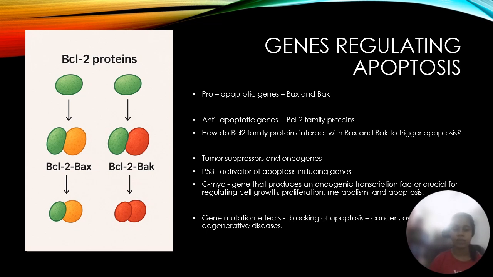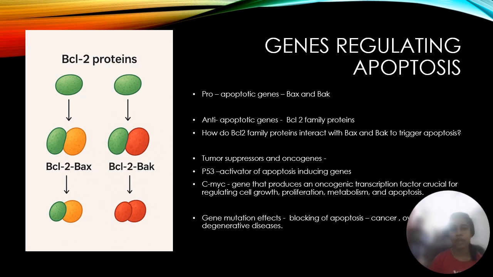Now, how do BCL2 family proteins interact with BAX and BAK, which we have seen trigger apoptosis? BCL2 family proteins control it by interacting with pro-apoptotic genes. BAX and BAK are present at the mitochondria.